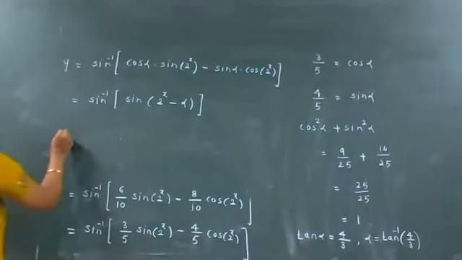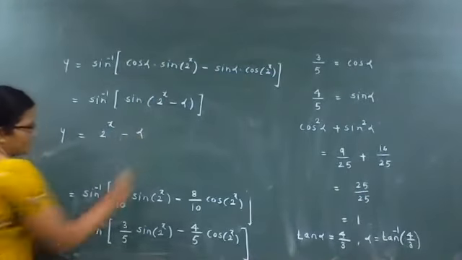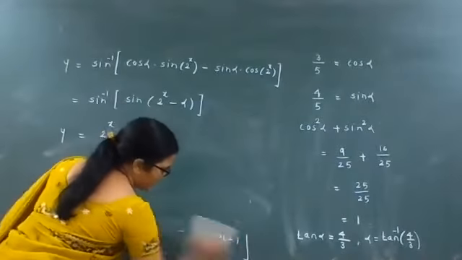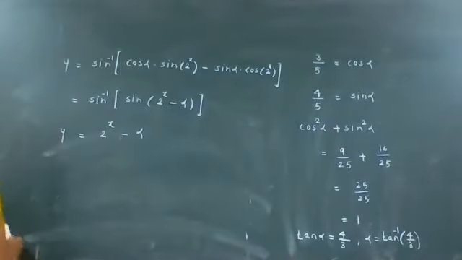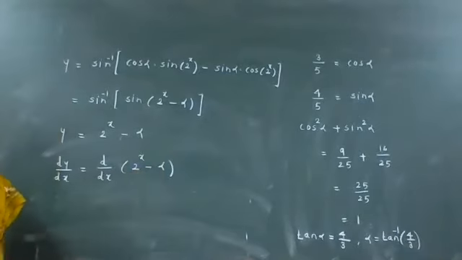Now write y as sin of 2 raised to x minus alpha. Differentiate with respect to x. Derivative of alpha is 0.